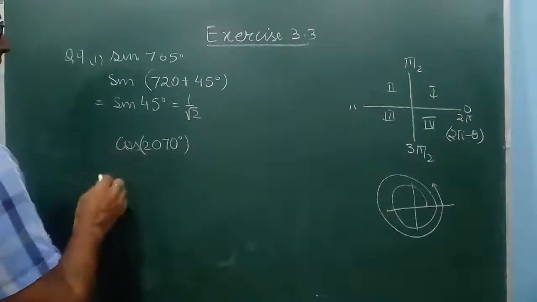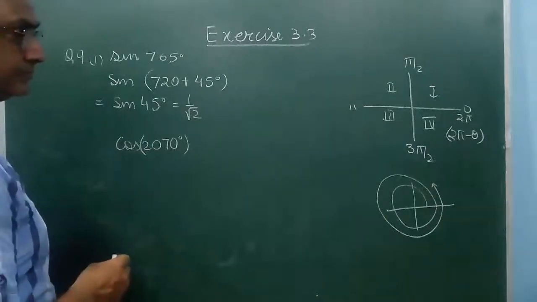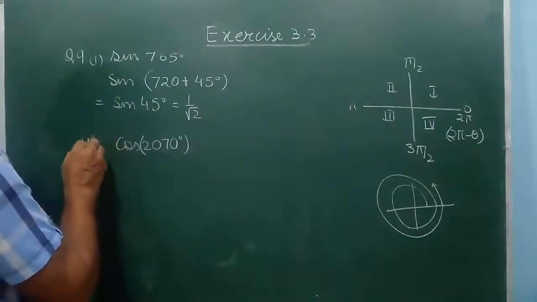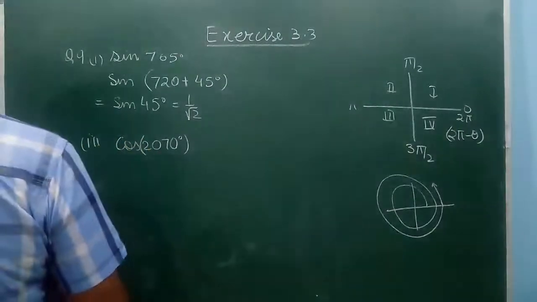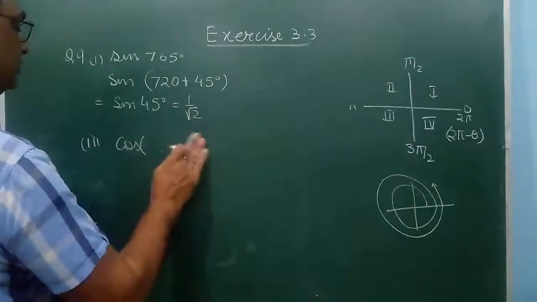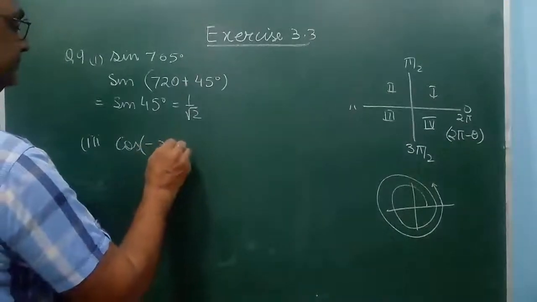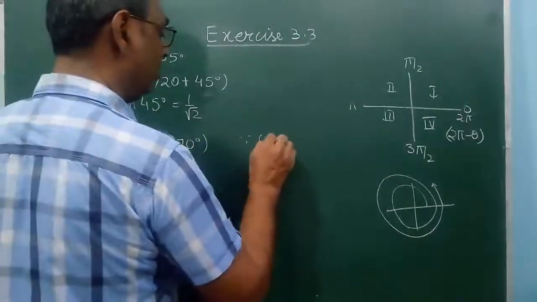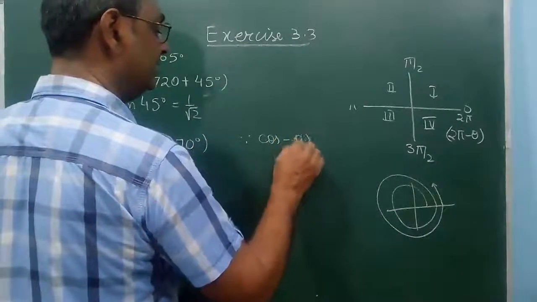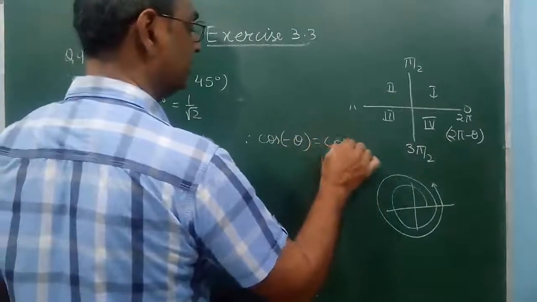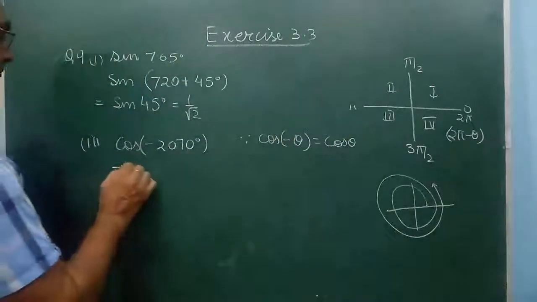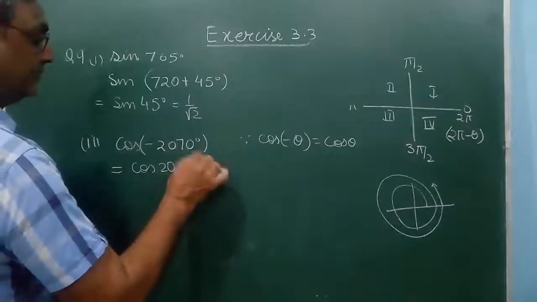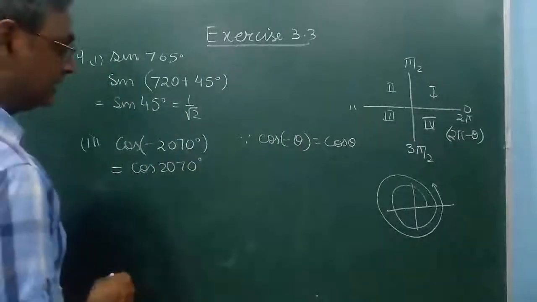How much this can be? Here this minus is also there. So here we can write, since cos minus theta equal to cos theta, this one we have got.